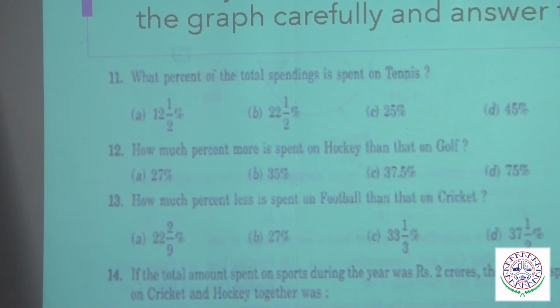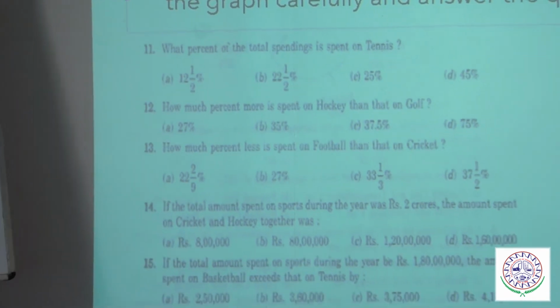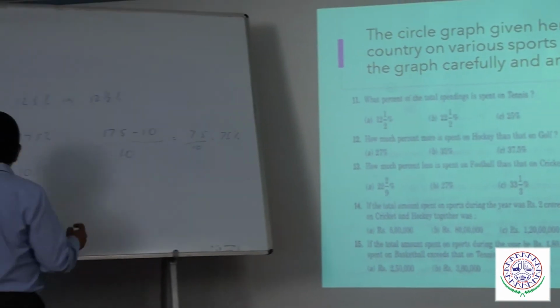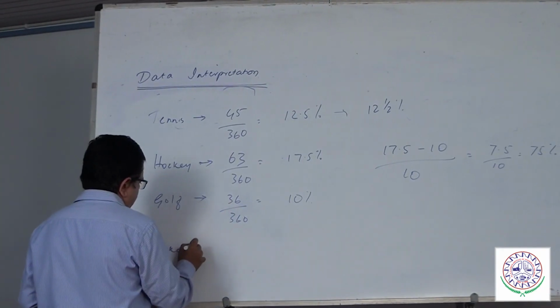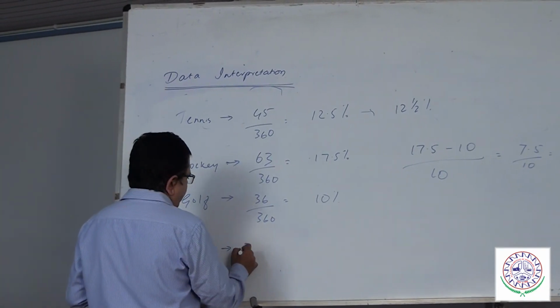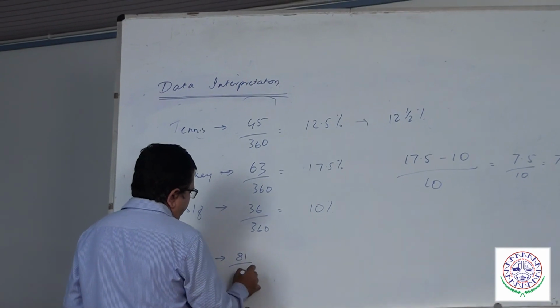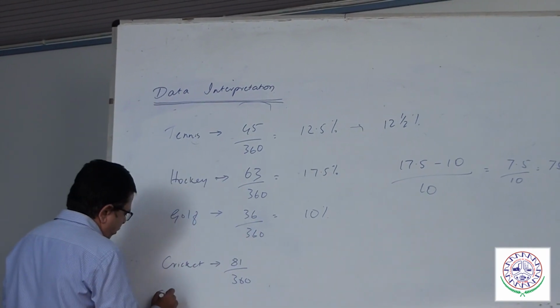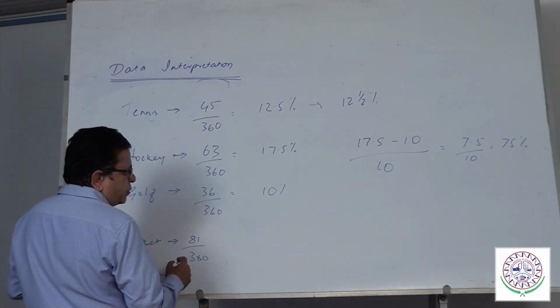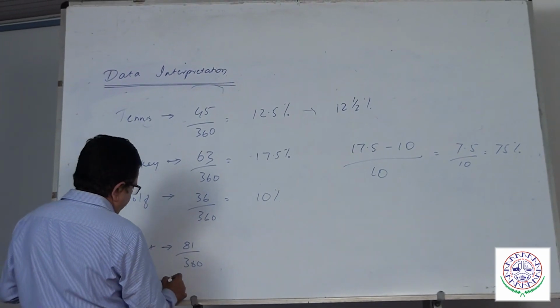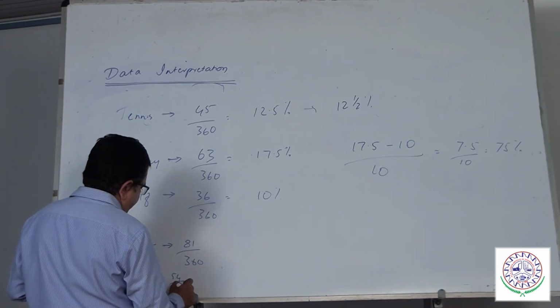Next, how much percent less is spent on football than on cricket? So cricket spending is 81 by 360 and football is 54 by 360.